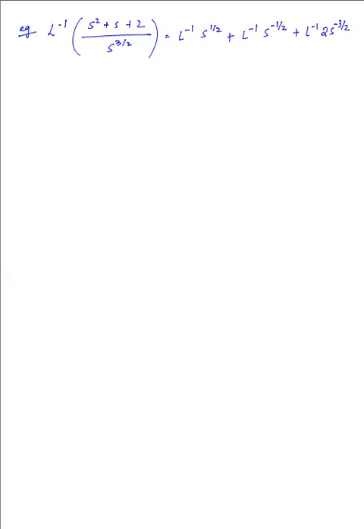And as we know, the Laplace transform of s raised to the power n is going to be equal to the formula that we have at hand, that is t raised to the power n minus 1.